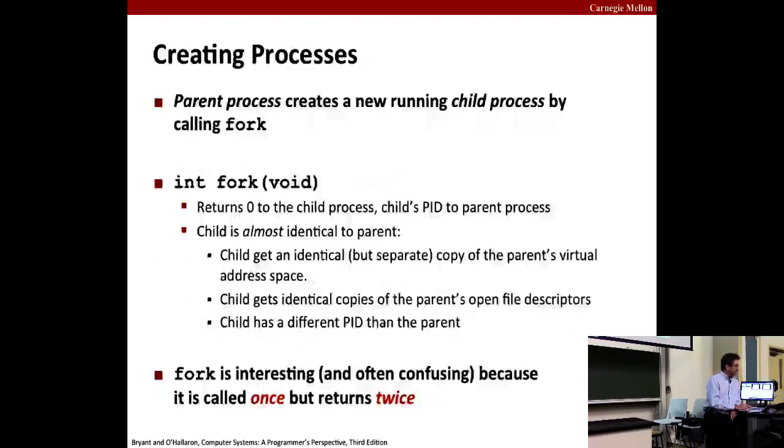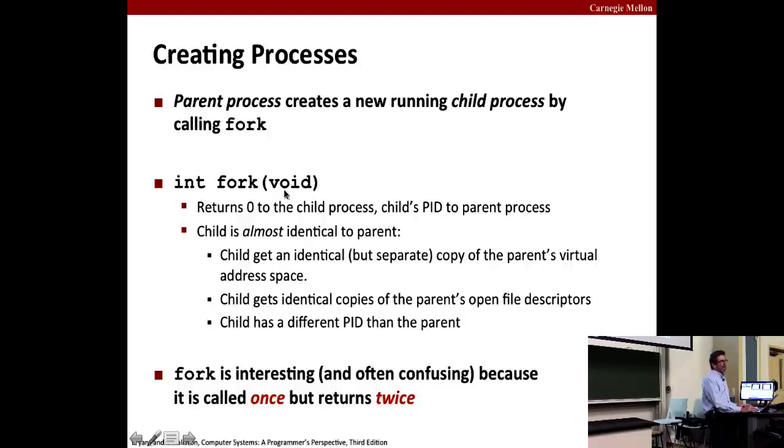Now, a parent process can create a child process by calling the fork function. Fork takes no arguments, and it returns an integer. It creates a new child process, and then it returns in both the parent and the child.